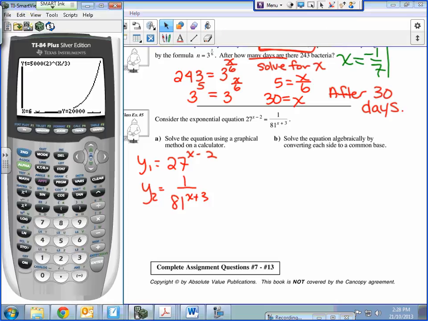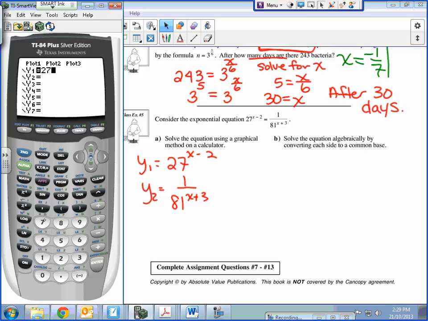When you're graphing, just make sure to put the exponents in brackets, unless you have a fancy calculator that puts it above as a superscript. If you have that, then just put it all up there. But if you have a calculator like mine, this is how you're going to do it.